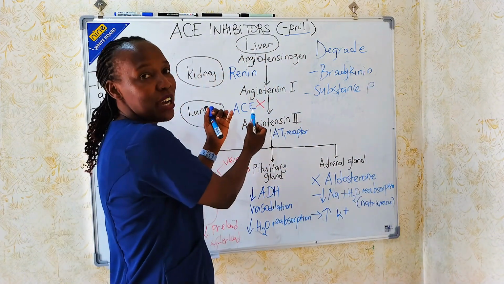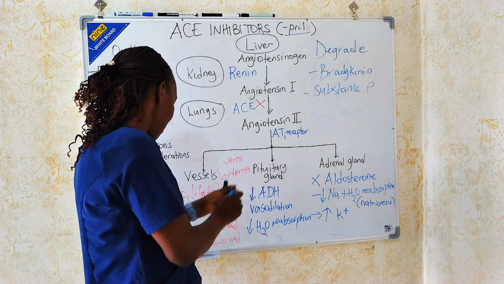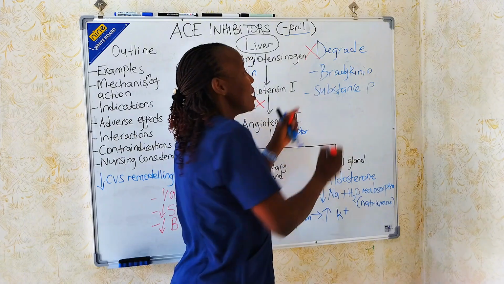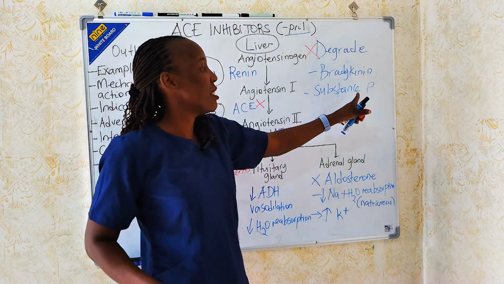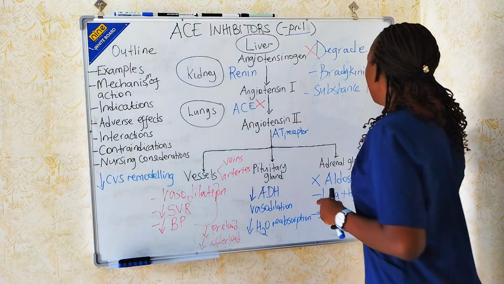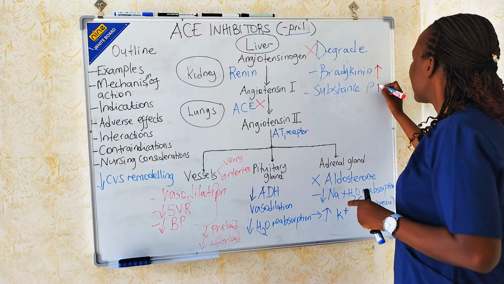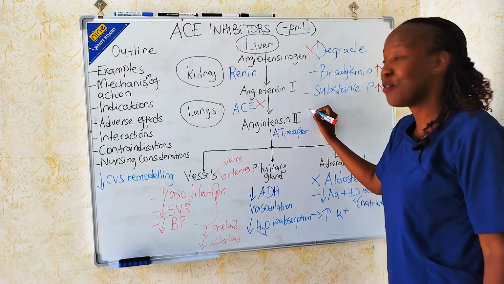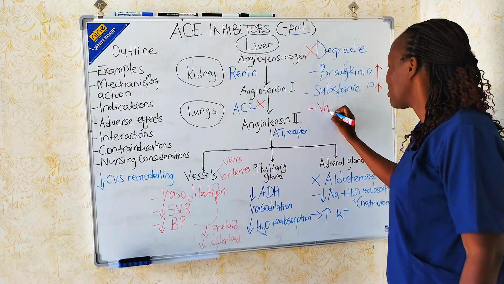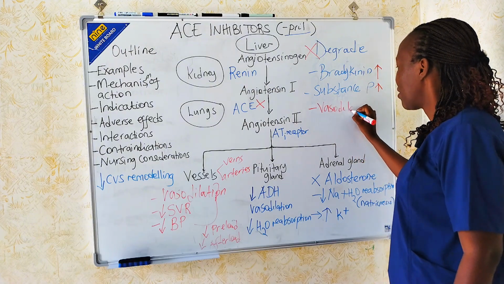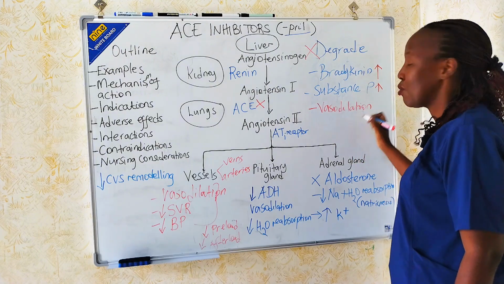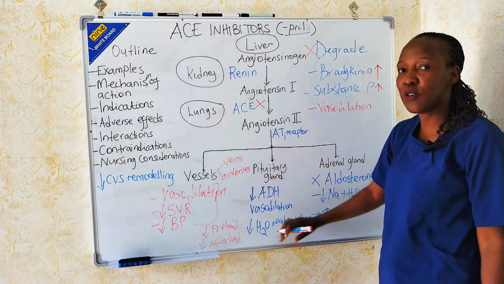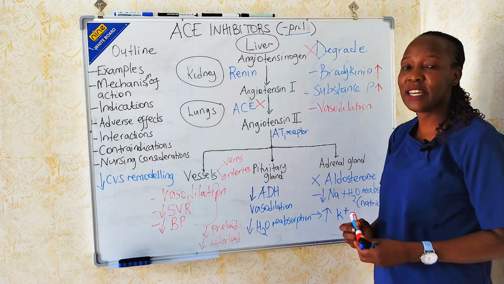If we block ACE, it means we are also going to block degradation of bradykinin and substance P. So their levels are going to increase in blood and they're going to produce a beneficial effect, which is vasodilation. That still adds to the beneficial effects of these ACE inhibitors.